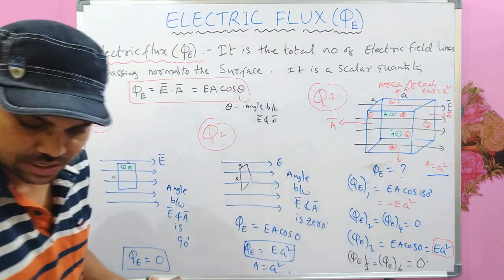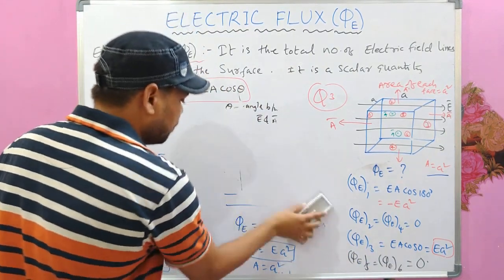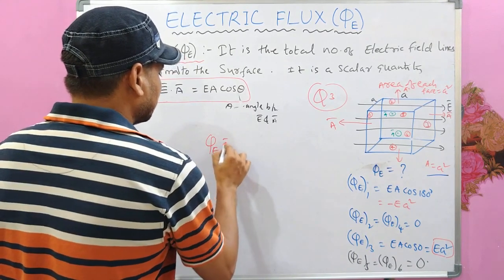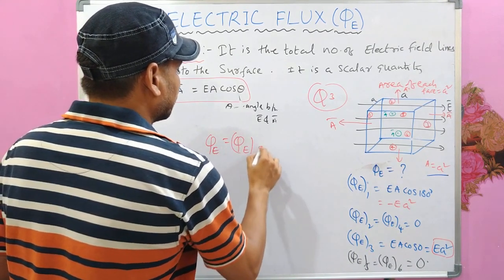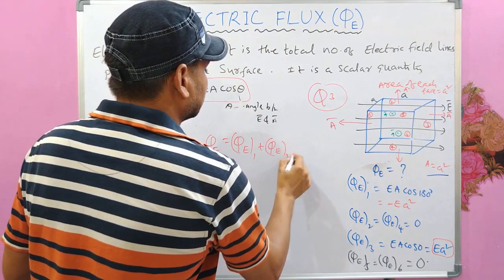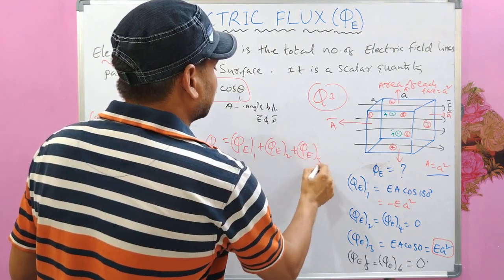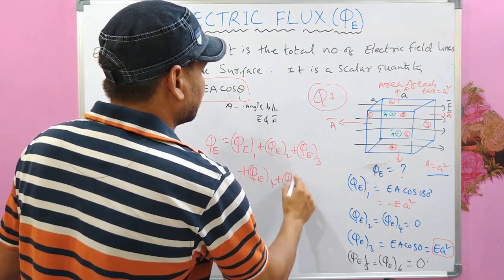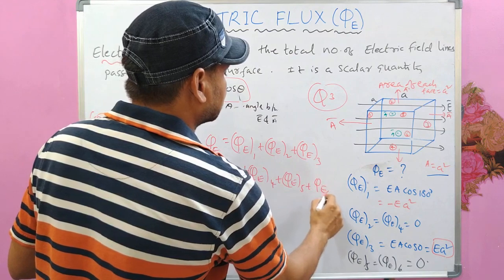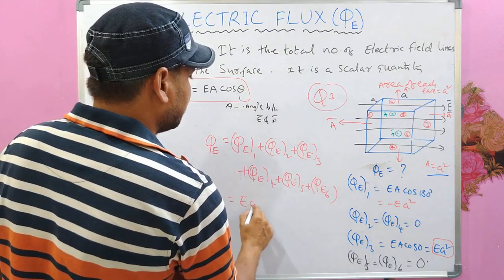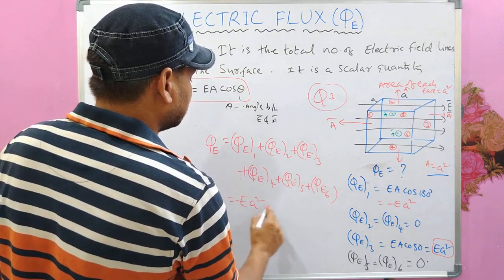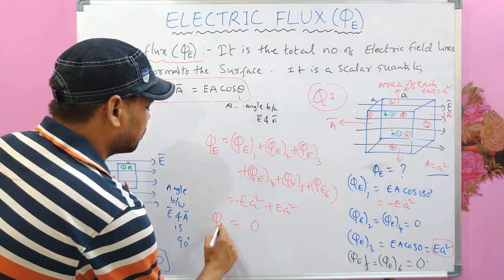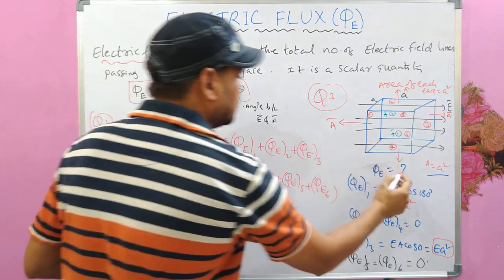So the total flux linked to this cube will be the sum of all these: phi E1 plus phi E2 plus phi E3 plus phi E4 plus phi E5 plus phi E6, which is nothing but minus EA square plus EA square, which is 0. The answer for this is 0.